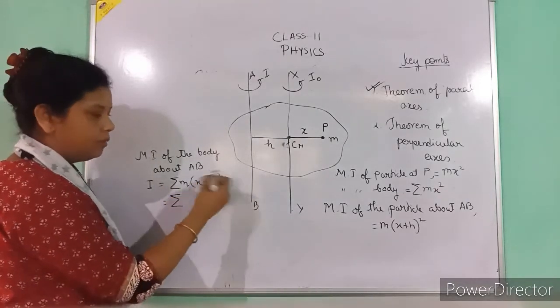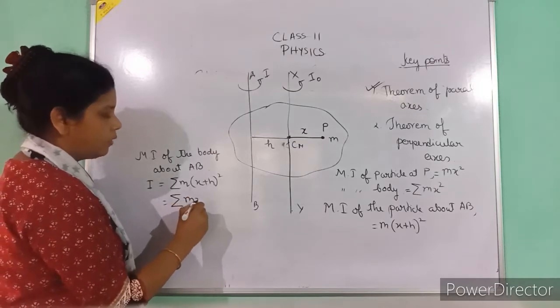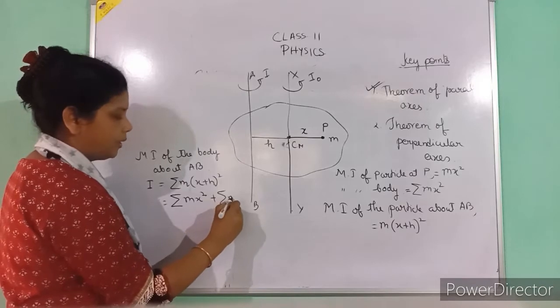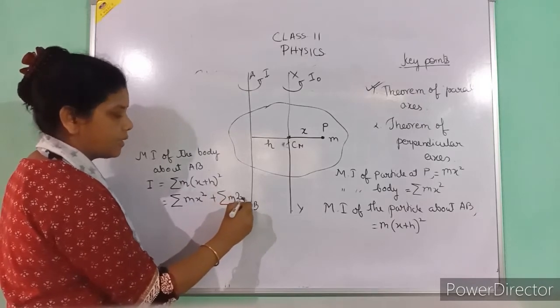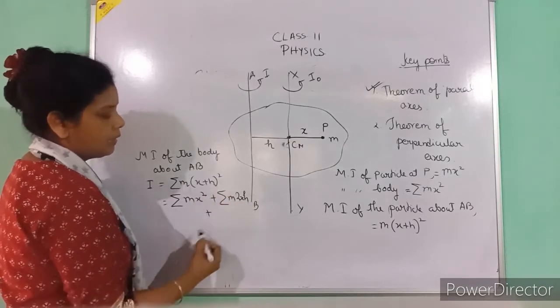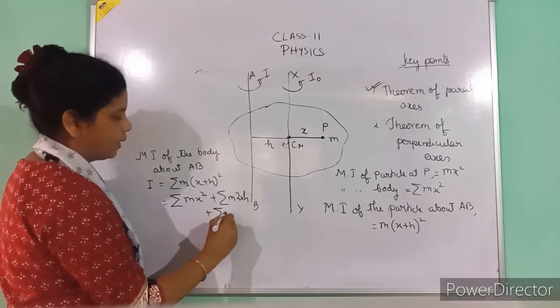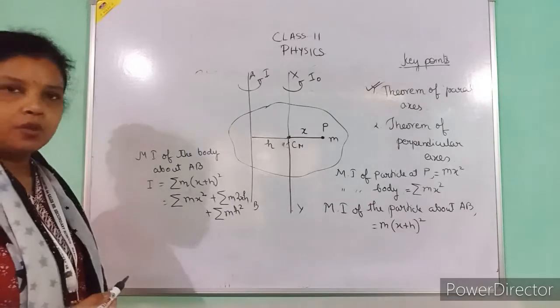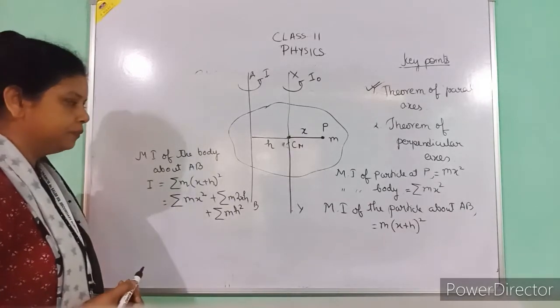If I do the multiplication, the first term will be sum over m x square, plus sum over m twice x h, plus sum over m h square. So this is my answer.